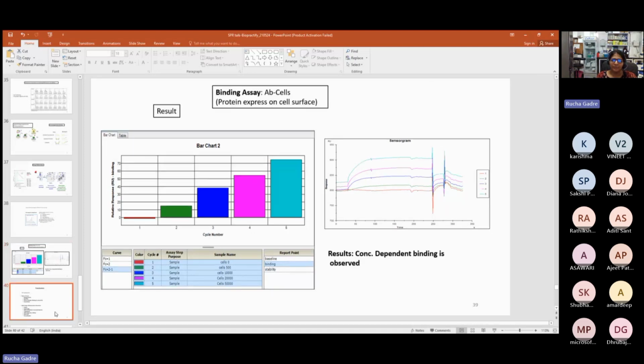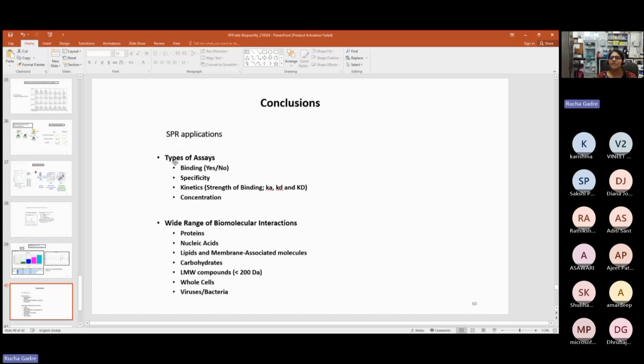So in conclusion, the types of assays: the basic one is binding, where we can know yes or no, whether it is a binder or not. Then the specificity, as we were seeing in ligand fishing, the kinetics, the strength of binding, and the k on and k off. Concentration analysis can also be done.